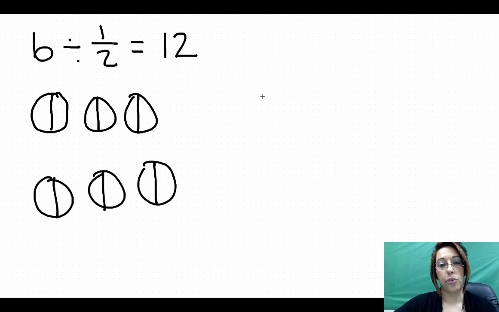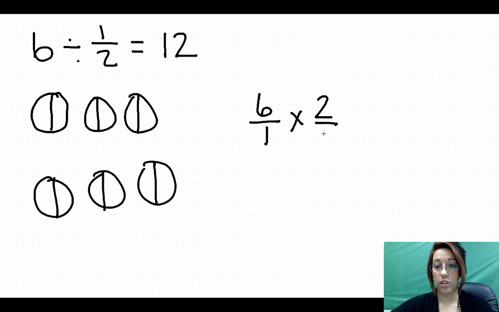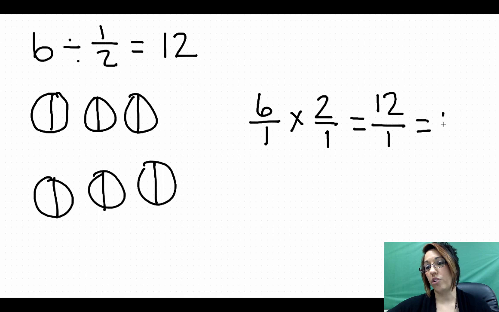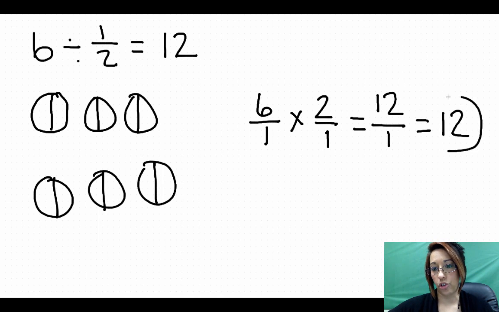So when I do the algorithm, I keep my 6 and turn it into a fraction, switch the sign to multiplication, and then flip my next fraction to be 2 over 1, and that equals 12 over 1, which equals the whole number 12.